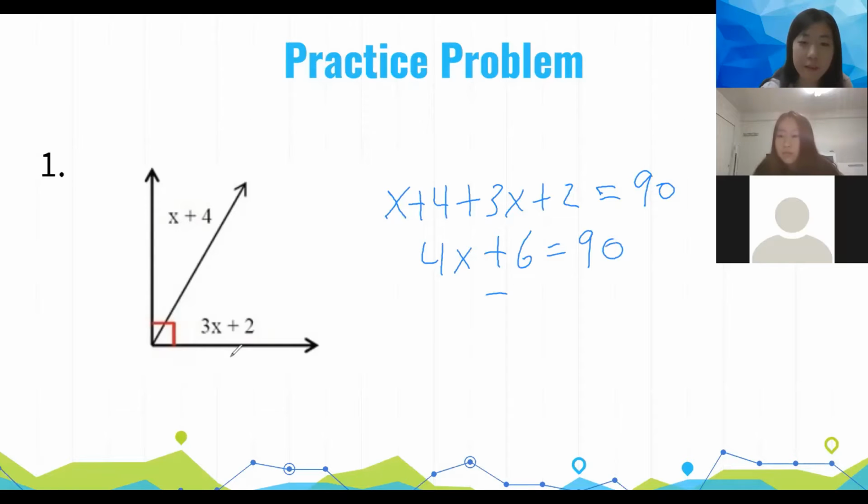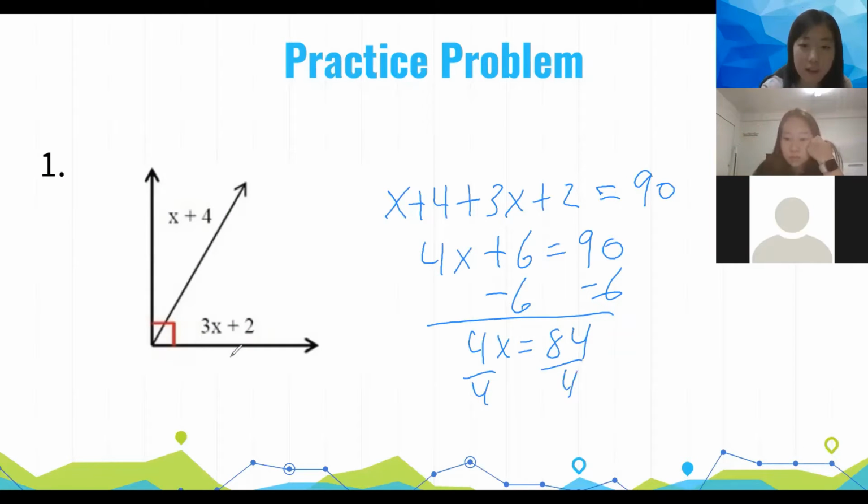You subtract 6 on both sides and you get 4x equals 84. Divide by 4 on both sides and you get x equals 21. But that's only what x equals. If you want to find the measure of this angle, you have to plug x back into the equation and then add it.